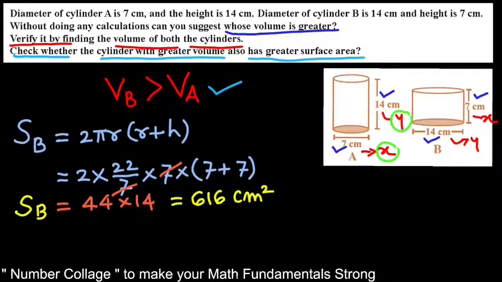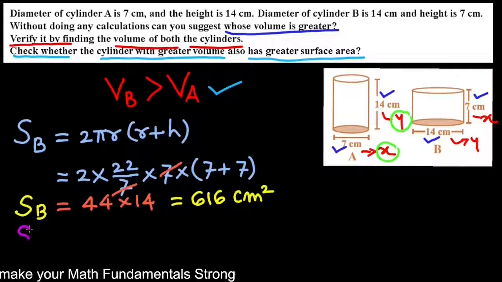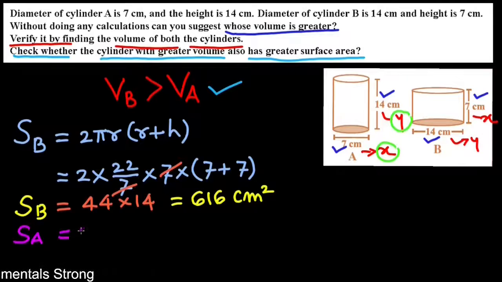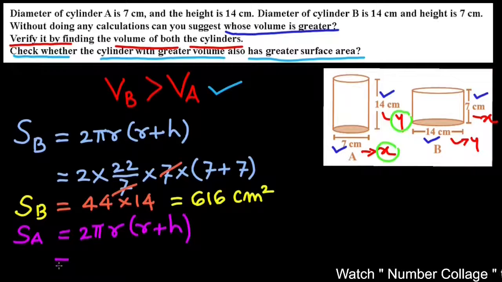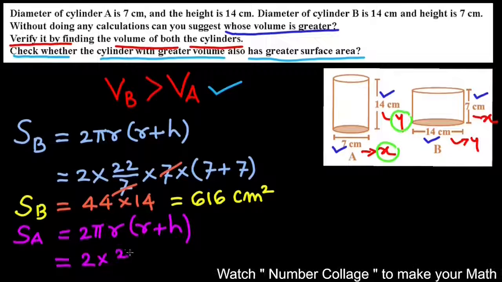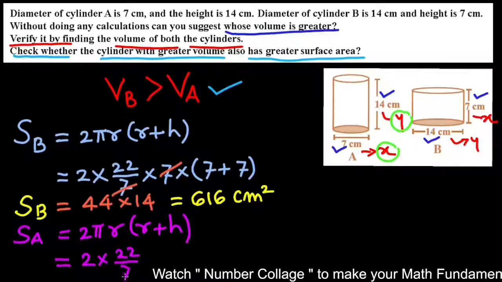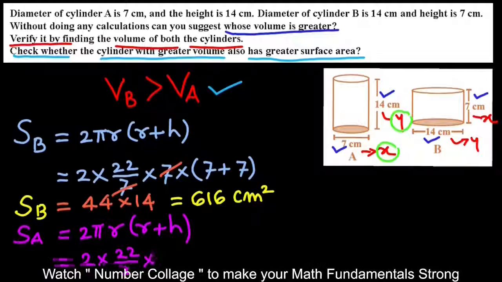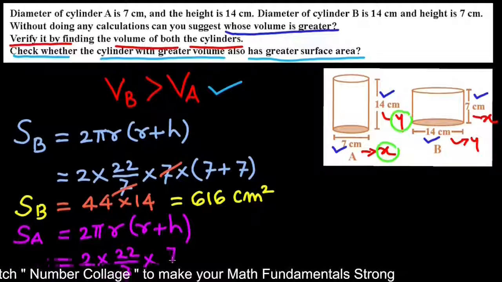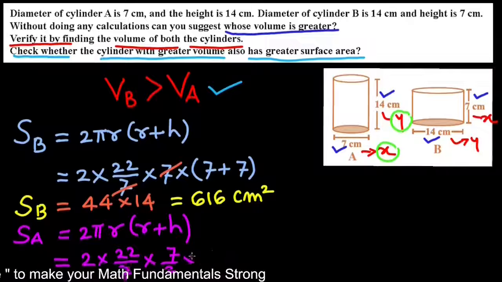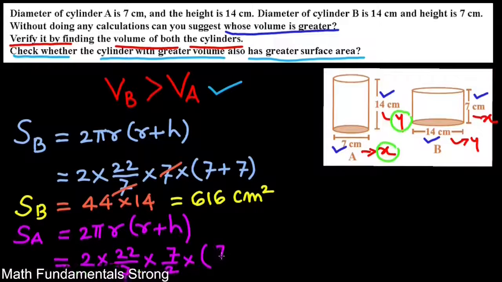Now let us find surface area of cylinder A, that will be 2 pi r into r plus h, that will be 2 multiplied by 22 upon 7 multiplied by radius, which is 7 upon 2, multiplied by r, which is 7 upon 2, plus its height, which is 14.